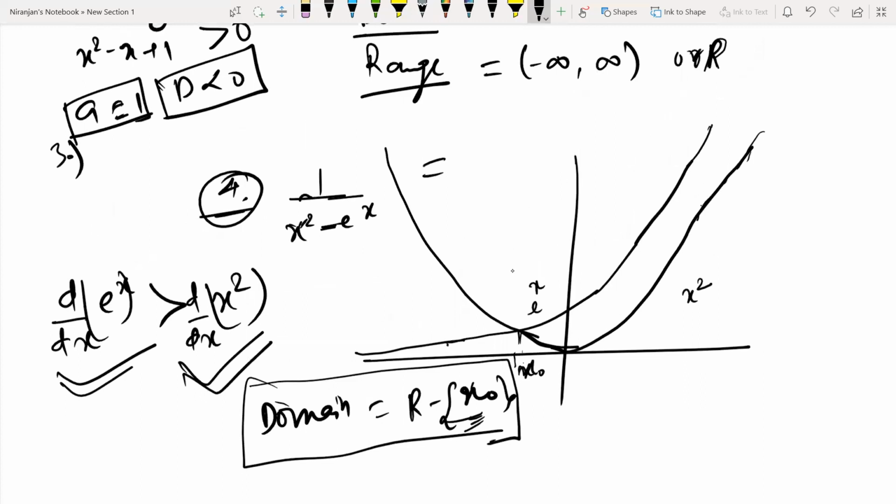The range is going to be x square minus e to the power x. When it is going to infinity, and on the negative side it is going to 0.